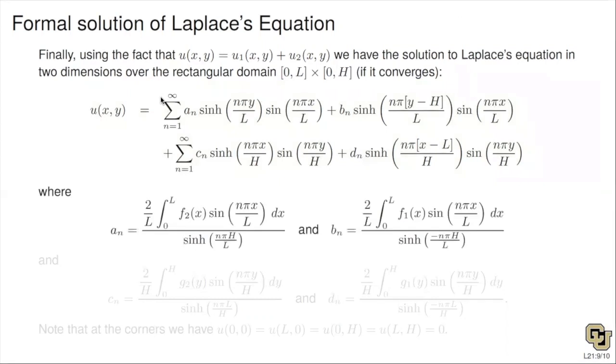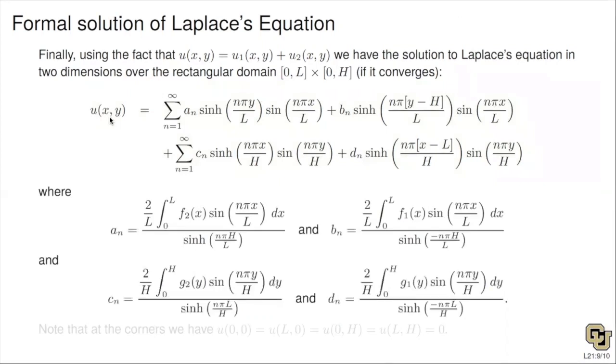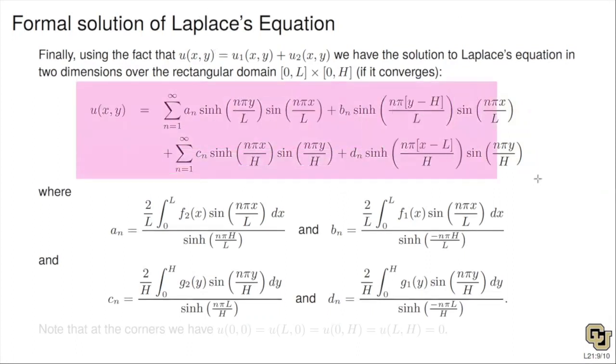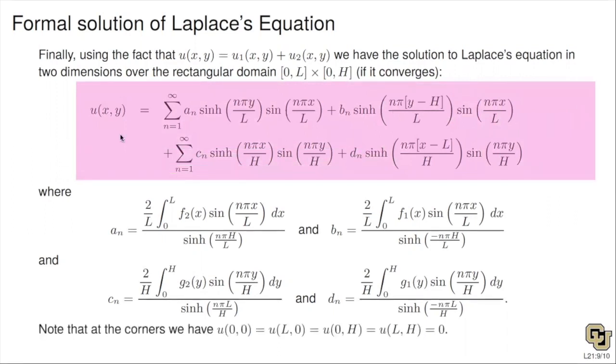And here I put all the formulas for the coefficients just so you have the whole thing in one place. So if you thought it was awesome in one variable, it's even better in two variables. So here, the most important thing I want you to keep in mind is this is a steady state solution. There's no t variable.